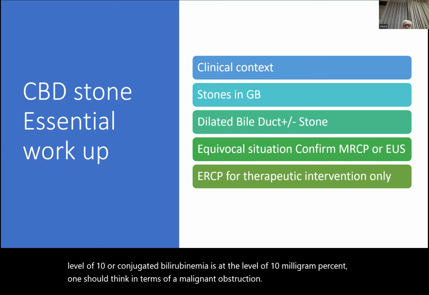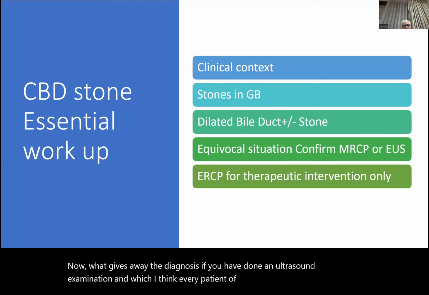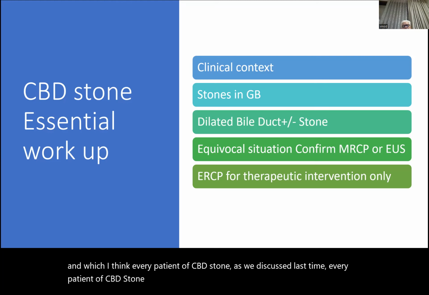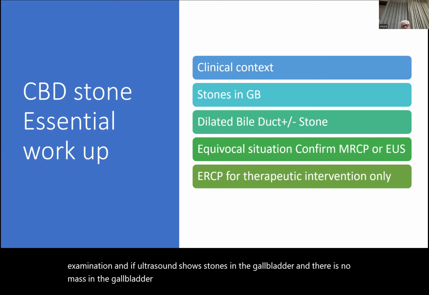Now, what gives away the diagnosis? If you have done an ultrasound examination, and I think every patient of CBD stone, as we discussed last time, after the basic blood work should go in for the ultrasound examination. And if ultrasound shows stones in the gallbladder and there is no mass in the gallbladder, we are talking about the stones.